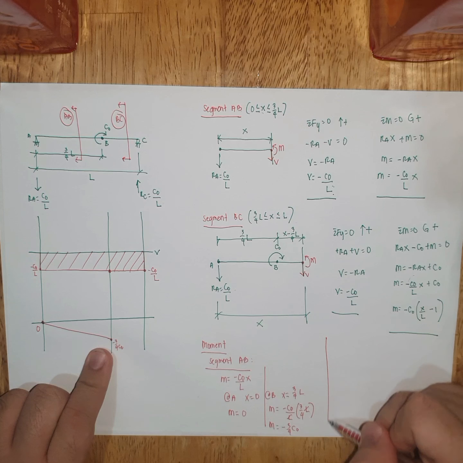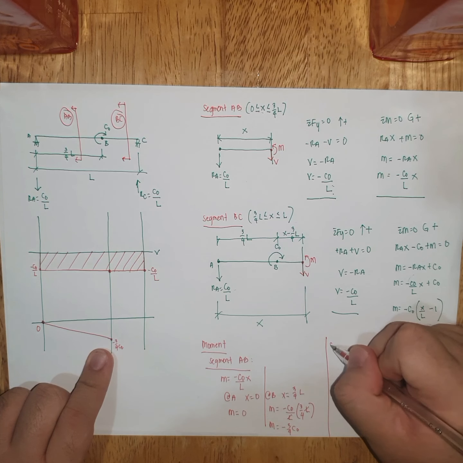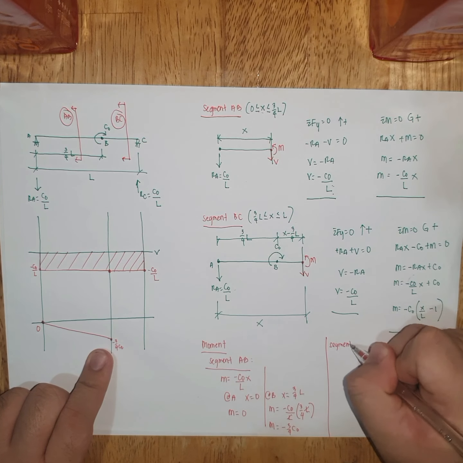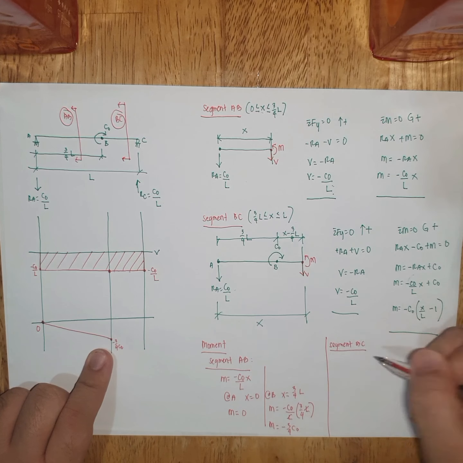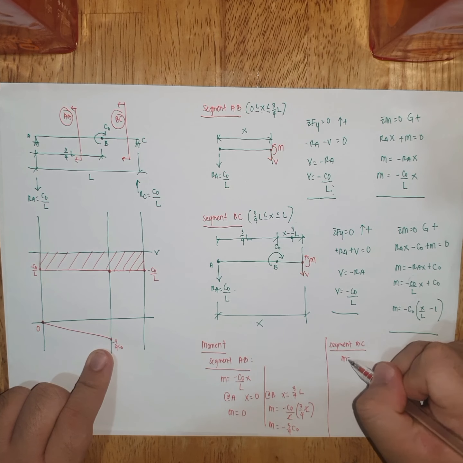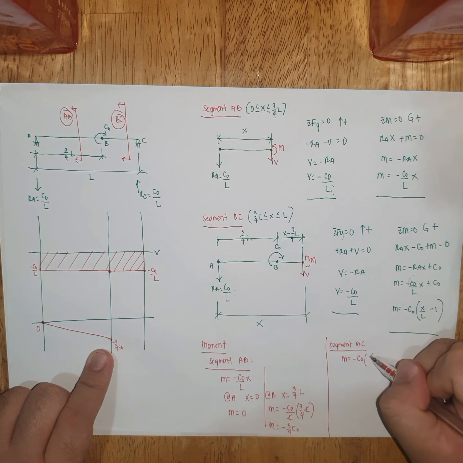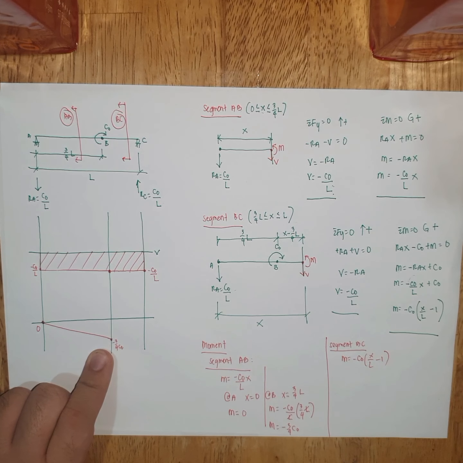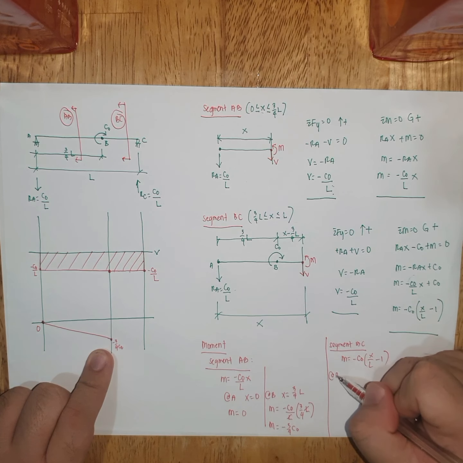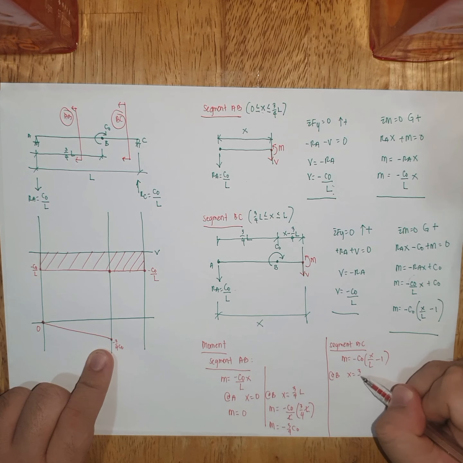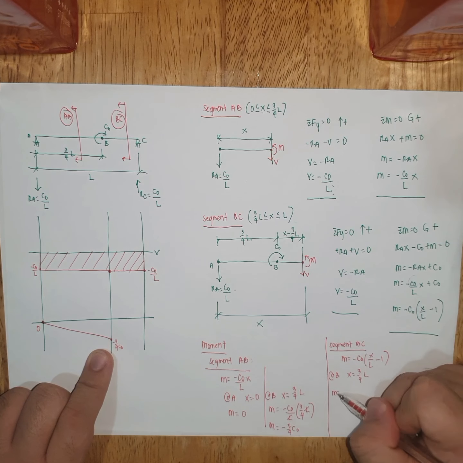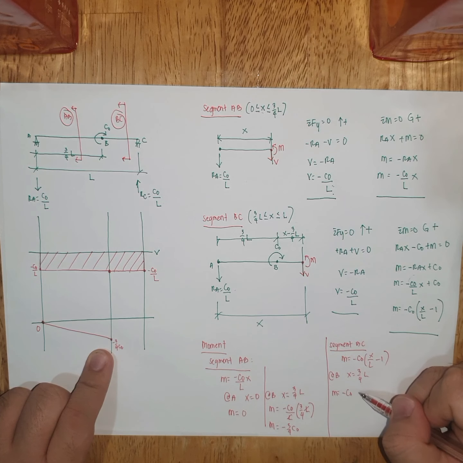Ngayon, segment BC. Okay, kay segment BC, ang moment formula natin is negative C sub O times X over L minus 1. So kung at B, ang X natin ay 3/4 L, ang value ng moment is negative C sub O times 3/4 ng L over L minus 1.